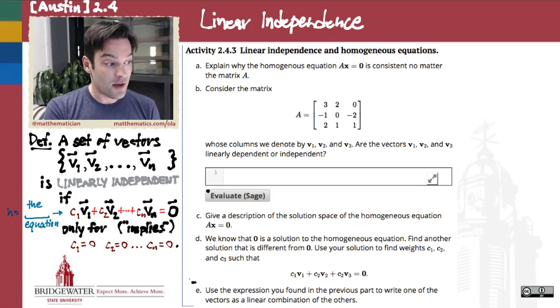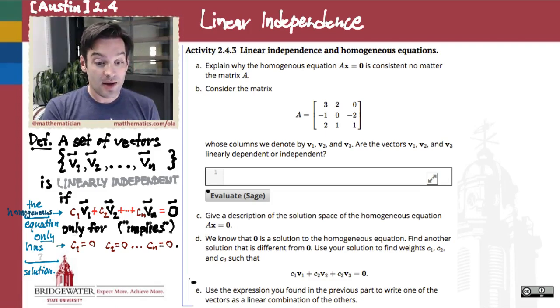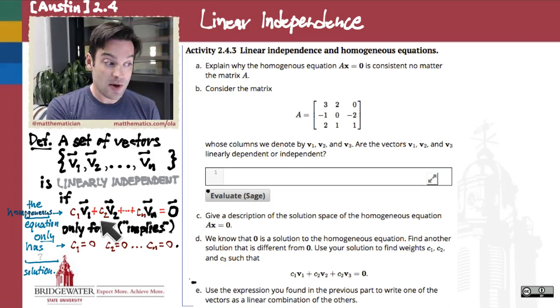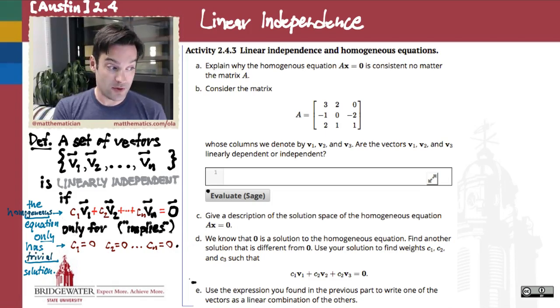That's called the homogeneous equation in the vectors v1 up through vn. So another way to say this is that a set of vectors is linearly independent when the homogeneous equation for that set of vectors only has this solution, and this solution gets called the trivial solution.